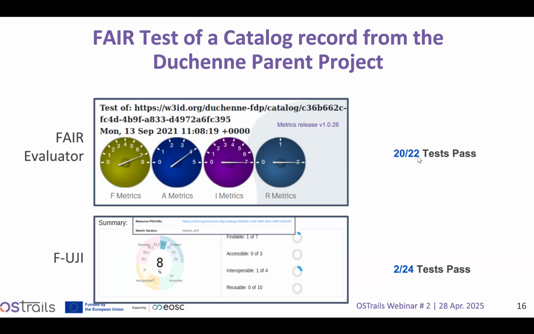In my tool, it passes 20 out of the 22 FAIR tests that are accessible to my tool. In the FUJI tool, which is a very popular tool for running FAIR tests, it passes only 2 out of 24. Now, this is going back in time, and there have been conversations between the authors of these tools that have started to harmonize them, and that's good. But it highlights what the problems are.